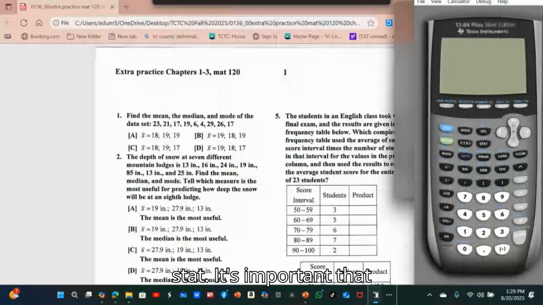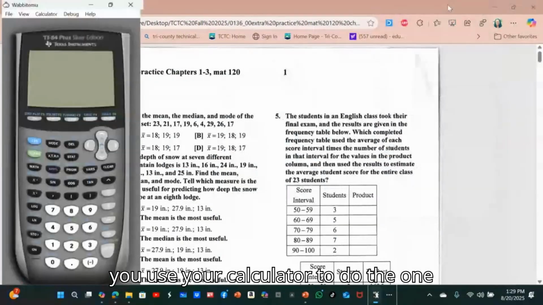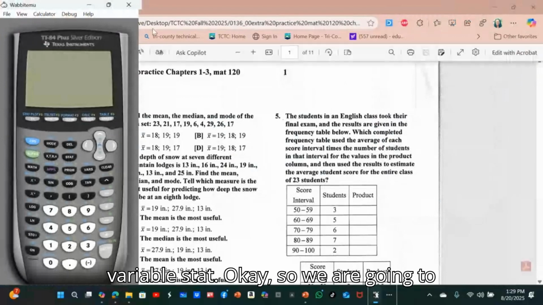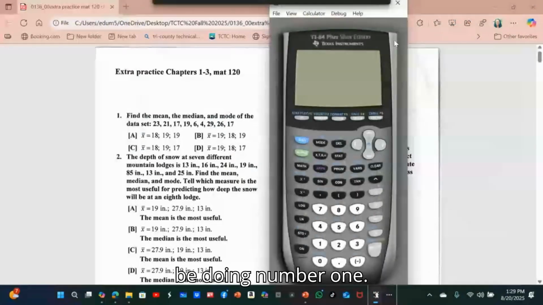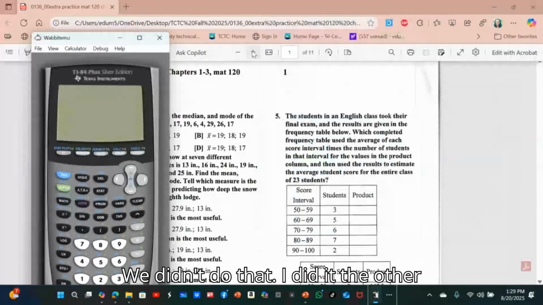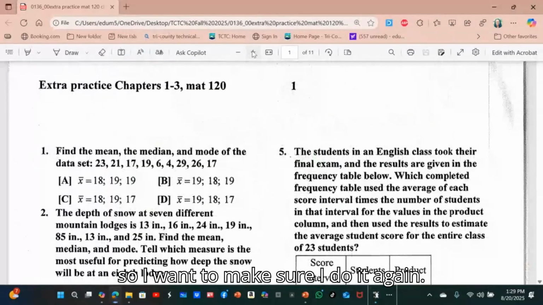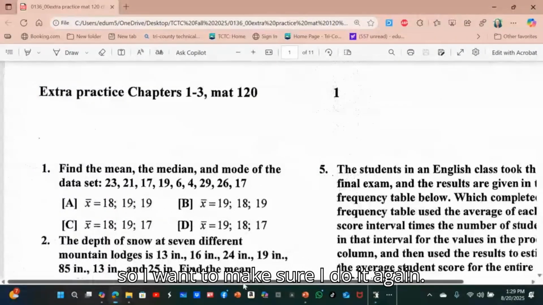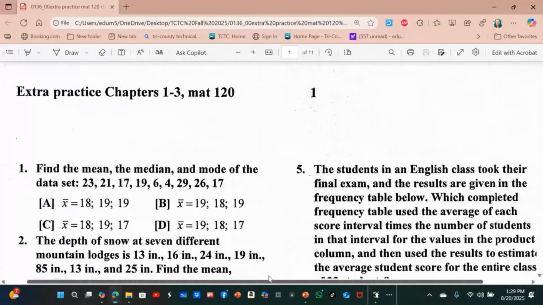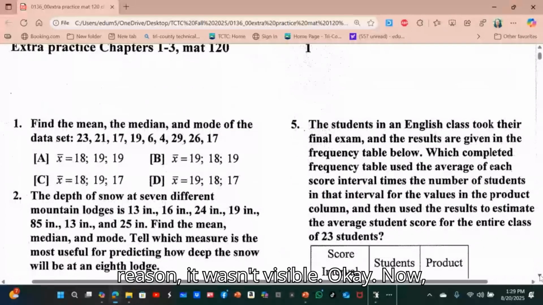One variable stats. It's important that you use your calculator to do the one variable stats. Okay, so we are going to be doing number 1. I did it the other day, but that one did not show, so I want to make sure I do it again. I want to make sure that it's visible today, because for some reason it wasn't visible.